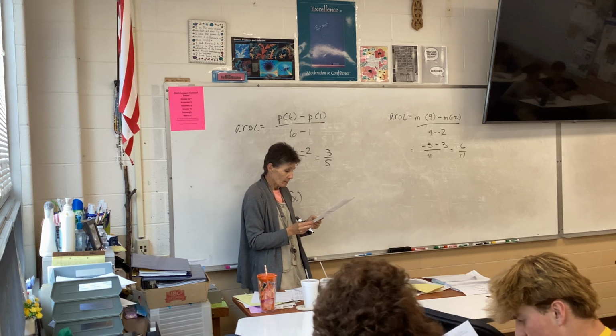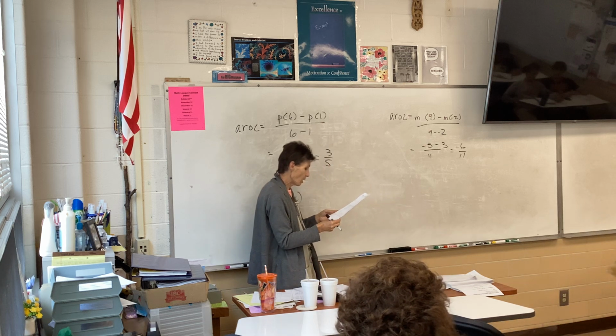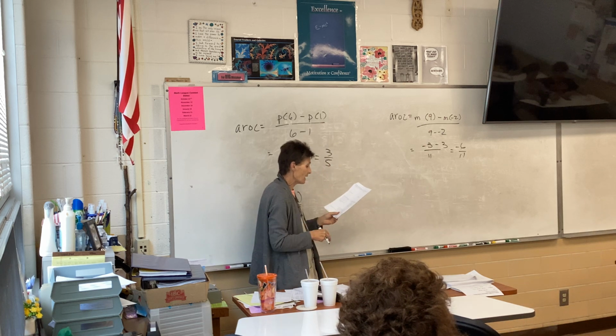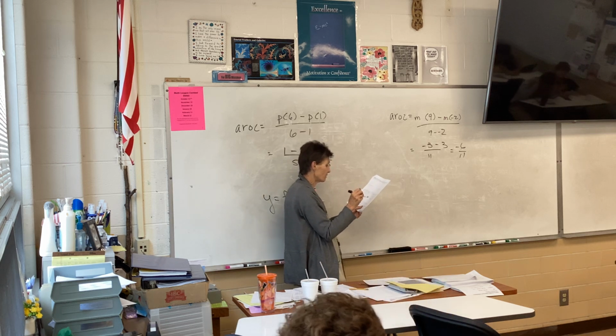All right. Now do the same thing with the table. Find the average rate of change from 1 to 8. Those are table values. So your x is 1, your y is -2.